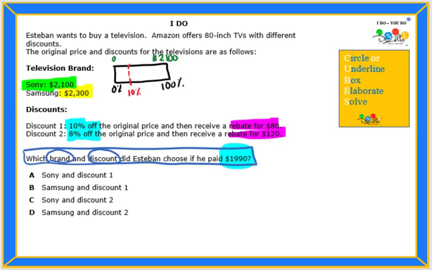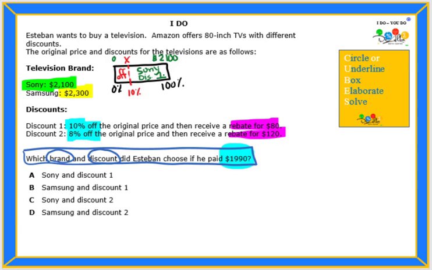We're going to try to find X, and this will be how much we get off. I'm going to label this: this is what I'm going to pay for Sony with discount one.